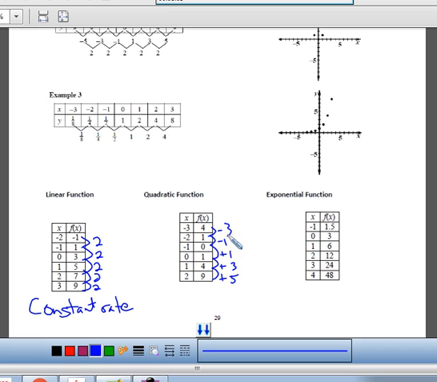Now, you could probably pick up on the quadratic from this, but if not, try taking the second set of differences, and you'll notice that it's constant. That makes it quadratic. So second difference is constant.